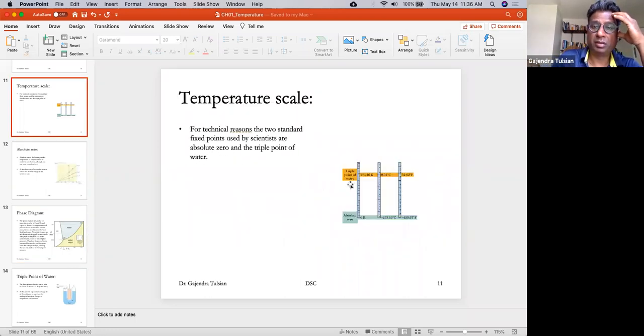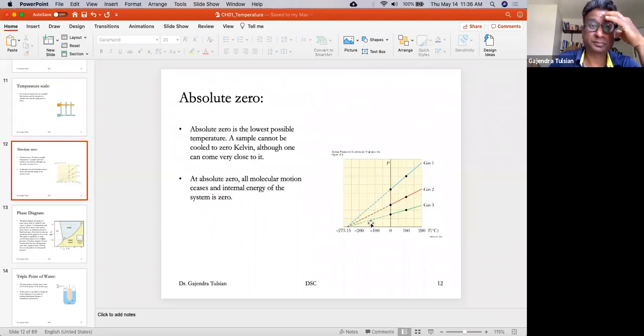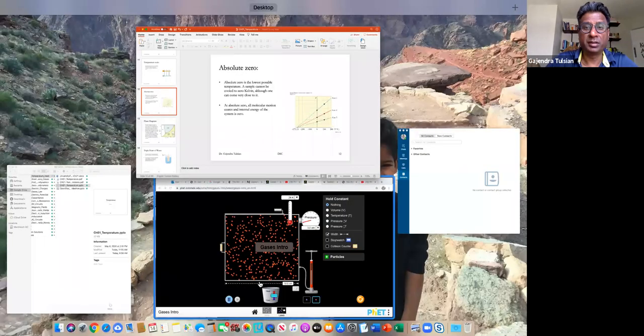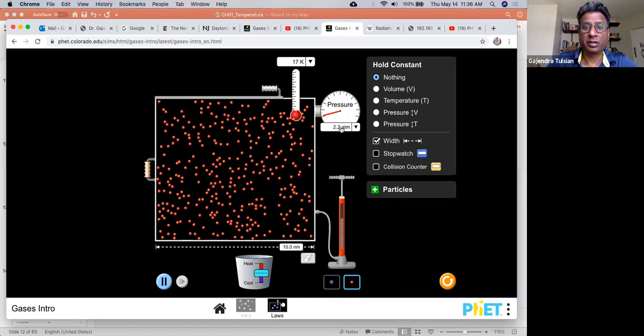And those are the points that are used to define temperature scales today. You saw absolute zero. So what this diagram is showing you is 3 gases. If you take different amounts of gases in 3 containers, they will be at different pressures, and as you decrease their temperature, the pressure falls, which is what you saw.